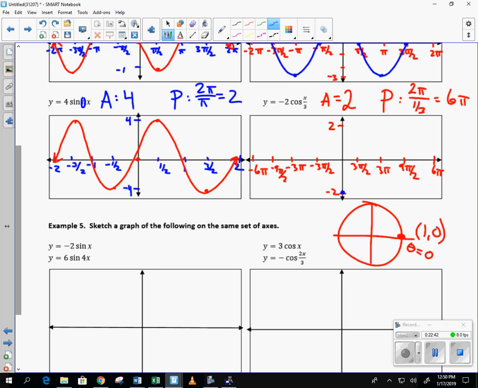Cosine starts at the max or the min, depending on if it's positive or negative. So we're doing cosine, right? Cosine is the x value, so 1, and negative 2 times 1 is negative 2. Then we head on our way up. Go through and make our dots and do all that cool stuff.